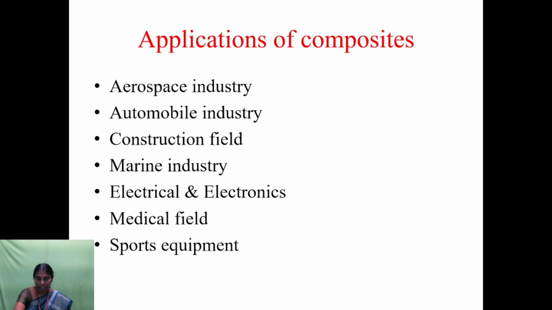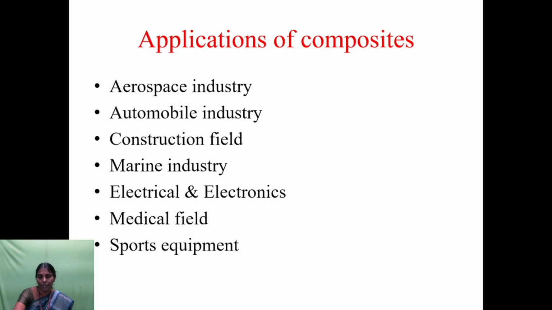Application of composites. In the aerospace industry, we can use composites to manufacture the wings of satellites or aircraft. In the automobile industry, car spare parts, car body parts, dashboards and bumpers are made using composite materials.